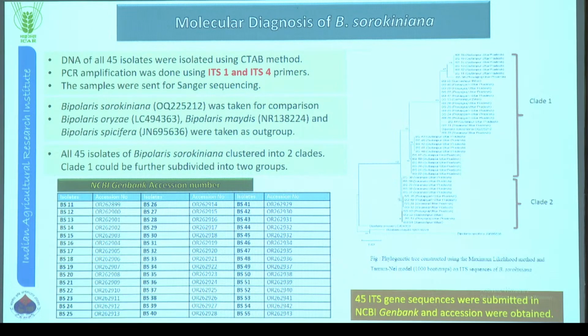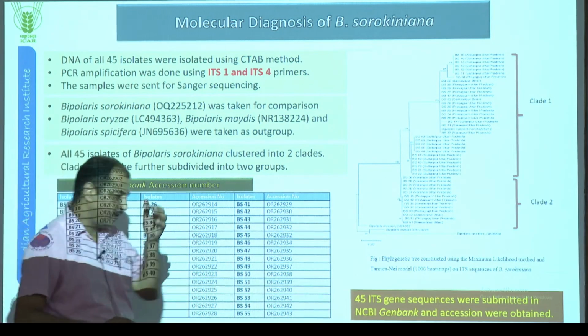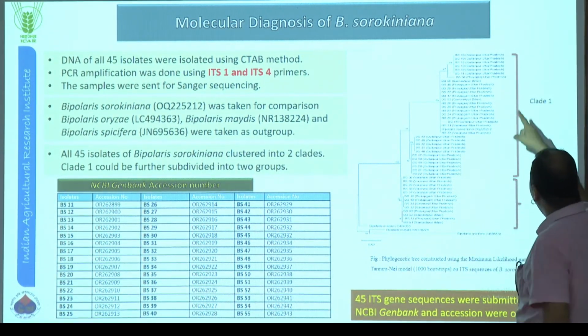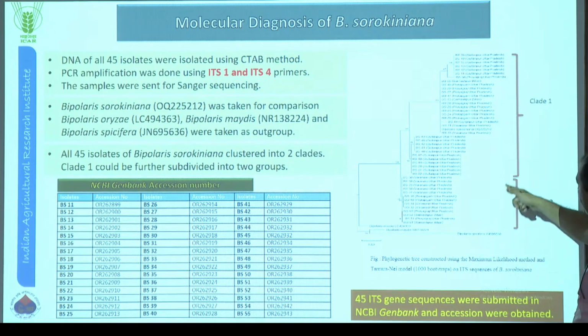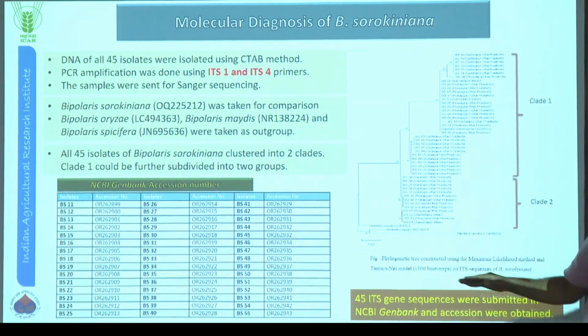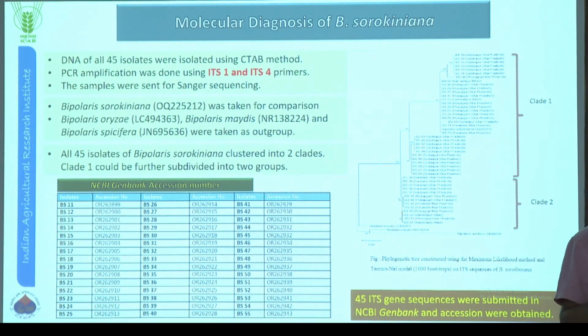Whenever you make a phylogeny, for example, how can we make a phylogeny? These are all isolated pathogens you can see here, Bipolaris sorokiniana from different places, and you take the outgroup. Outgroup means, if you are a plant pathologist, Ascomycetes fungi, you should take a nearby group of fungi, Basidiomycetes, other nearby fungi, whether their sequences are the same or different.